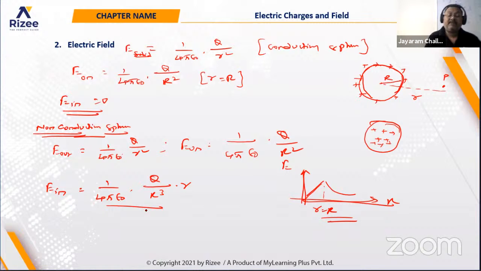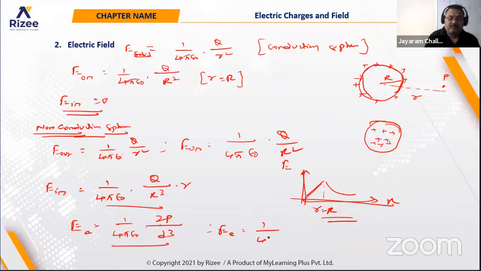You can also have the field due to dipoles. Along the axial line or equatorial line, you can write 1 by 4 pi epsilon naught into 2p by d cube on the axial line, where p is called the dipole moment. The electric field on the equatorial line will be 1 by 4 pi epsilon naught of p by d cube.